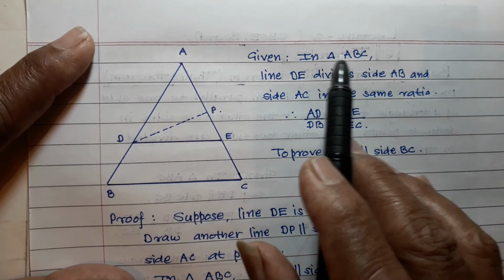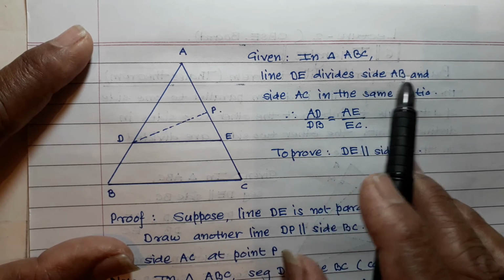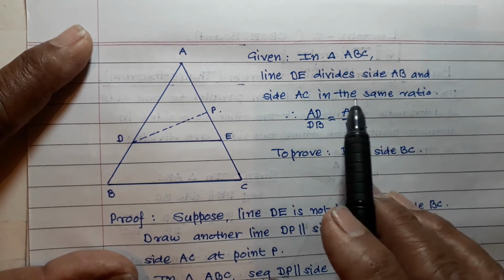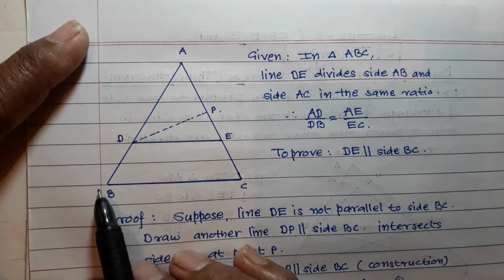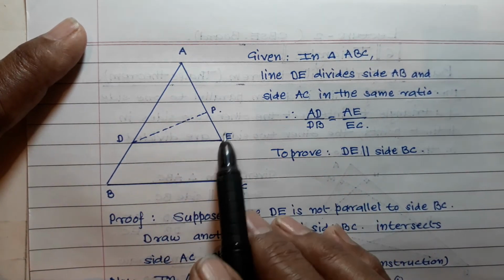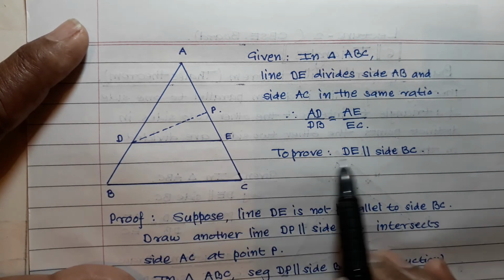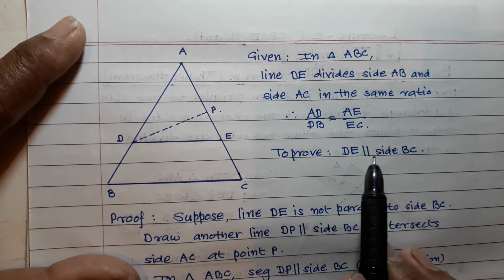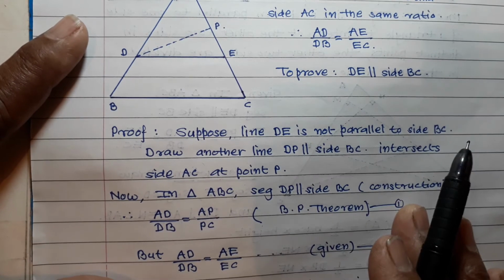Given: in triangle ABC, line DE divides sides AB and AC in the same ratio, that is AD upon DB is equal to AE upon EC. To prove: DE is parallel to side BC.